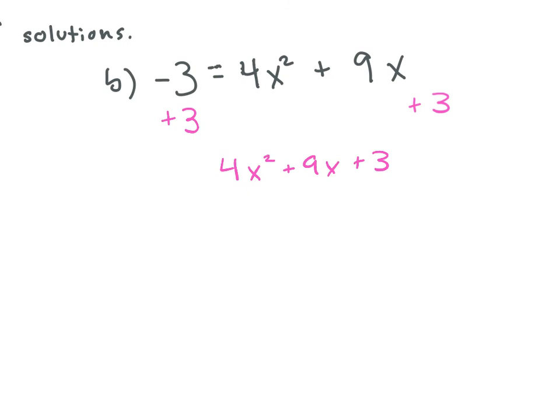So we have 9 squared minus 4 times, what's our a? 4. And what's our c? So 9 squared is 81. Minus 4 times 4 is 16. And 16 times 3 is 48. So what's 81 minus 48? 33. So our discriminant is 33.